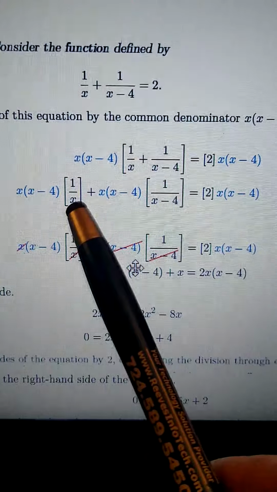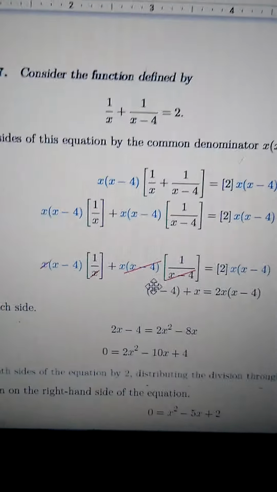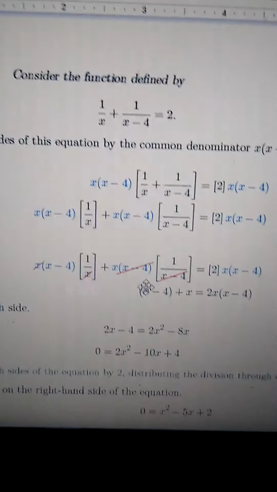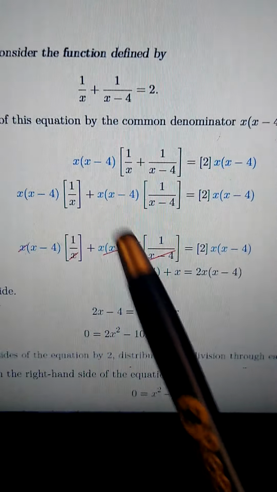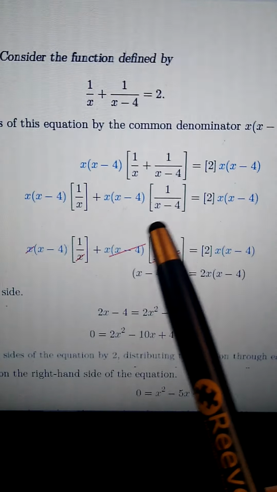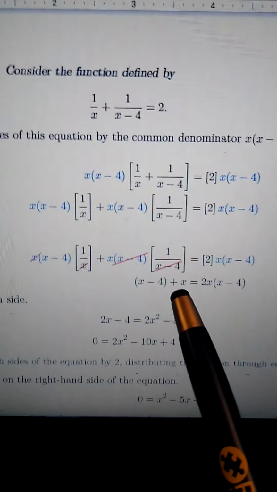Here the x's would cancel, leaving me x minus 4 times 1, or x minus 4. And then here the x minus 4s are going to cancel, leaving me x times 1, or just x.